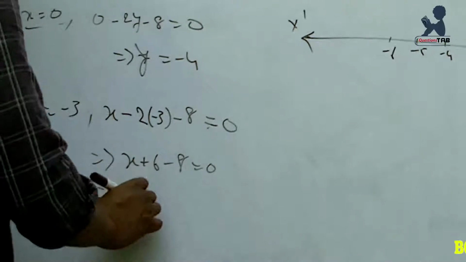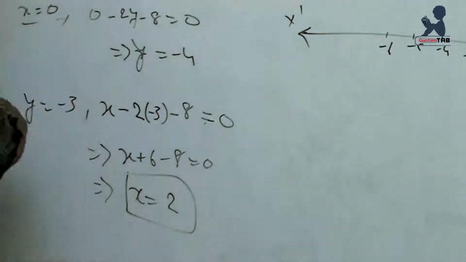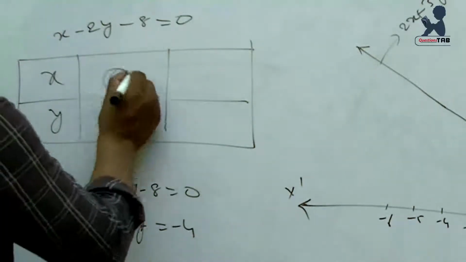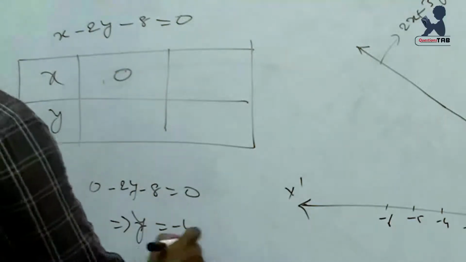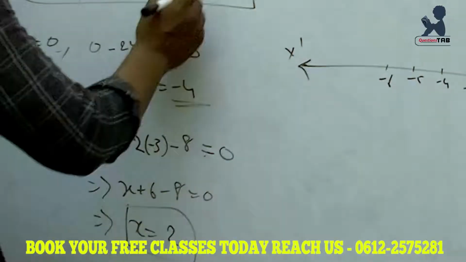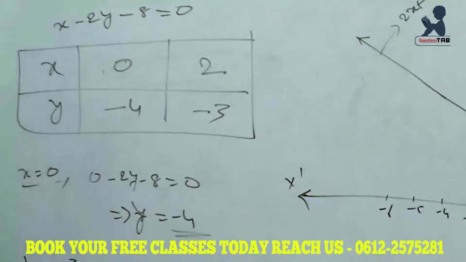From here we get x equals 2. So for x equals 0, y is minus 4, and for y equals minus 3, x is 2.